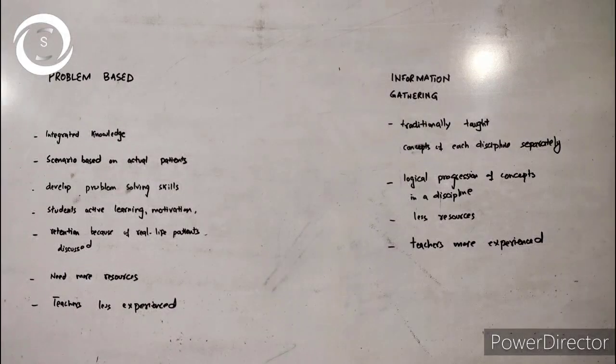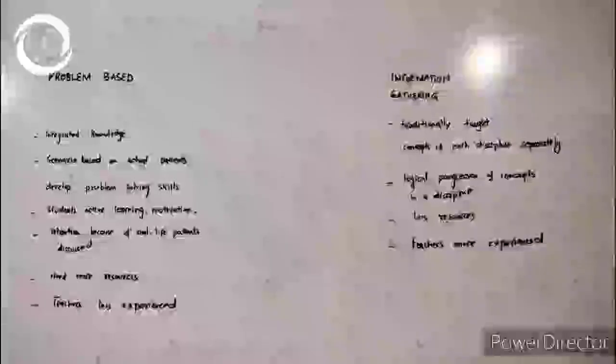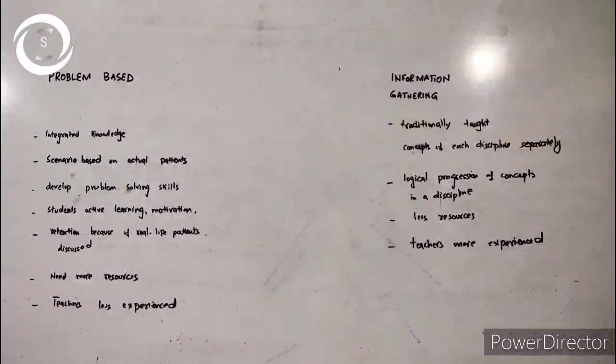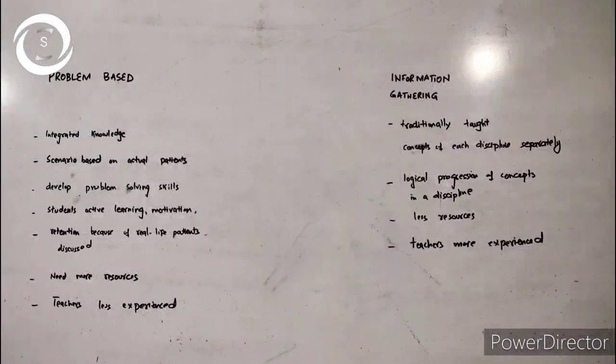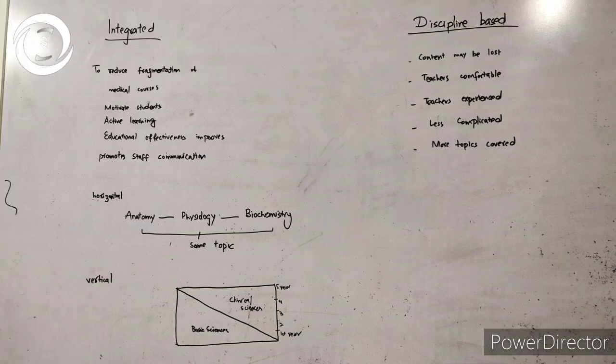In contrast to problem-based learning, in traditional information gathering or knowledge collection, you will teach anatomy of the eyeball, physiology of the eyeball, pharma, biochemistry, separately, all the cranial nerves in neuroanatomy, and the major objective will be acquisition of facts, concepts and principles. Now they will be taught separately, and then the student will gather all the knowledge by himself and apply it.